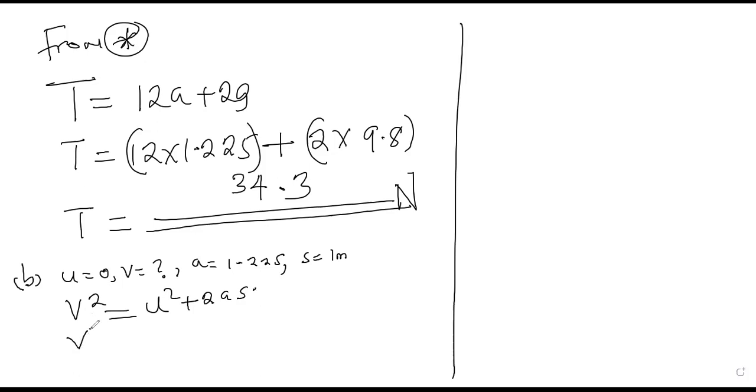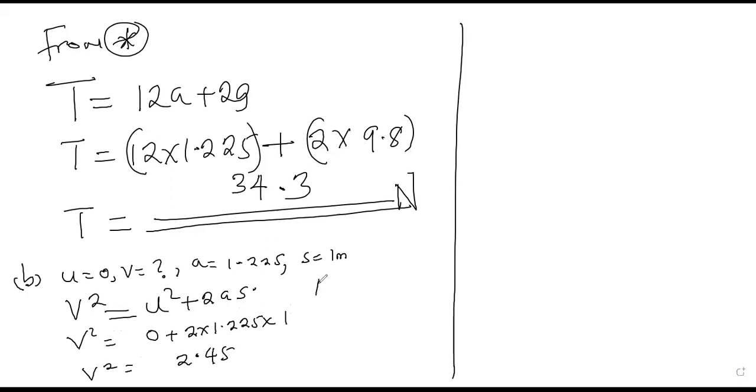So V squared equals U squared, which is 0, plus 2 times 1.225 times S, which is 1. So V squared is going to be equal to 2 times 1.225, which is 2.45.